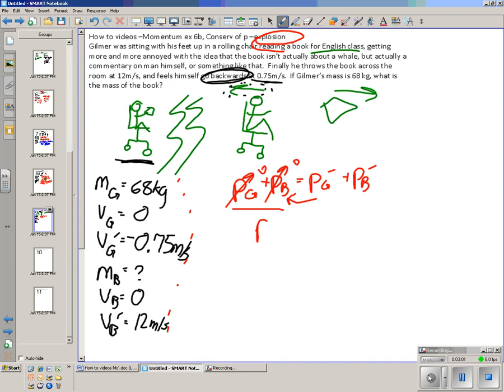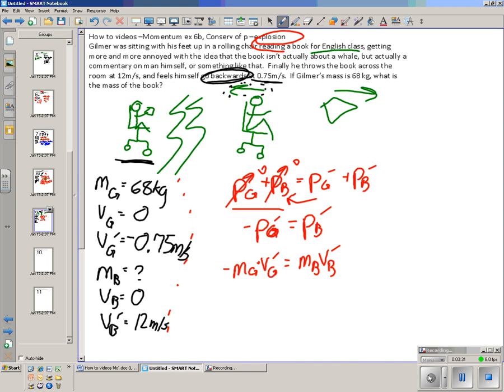So the negative final momentum of Gilmer is equal to the final momentum of the book. So negative mG times vG prime is equal to mB vB prime.